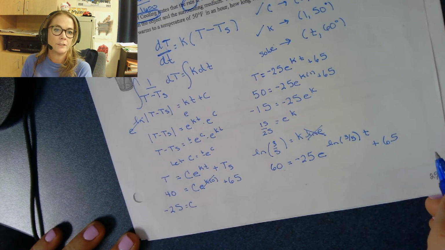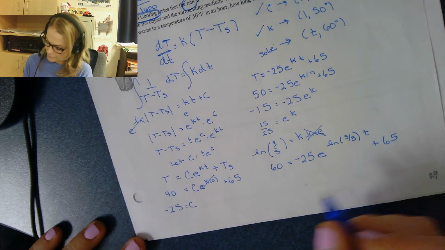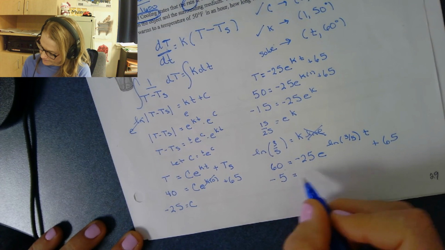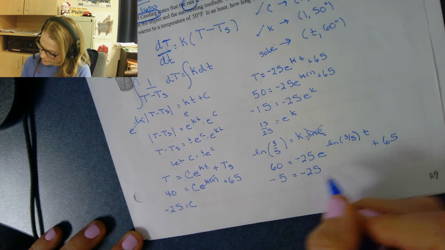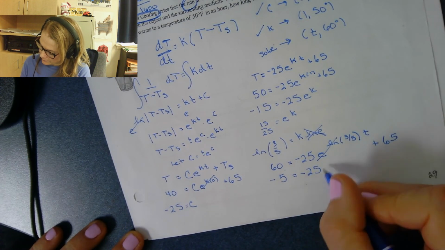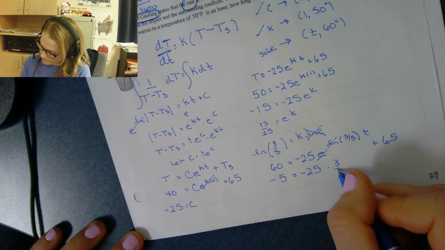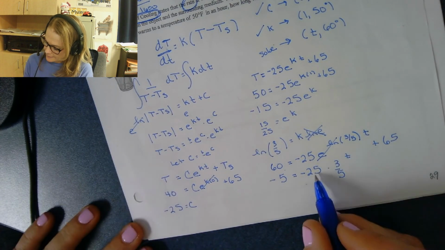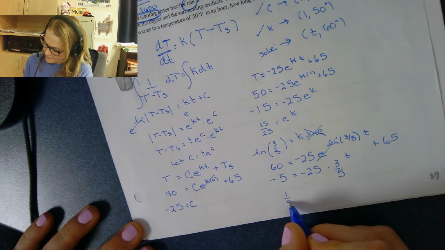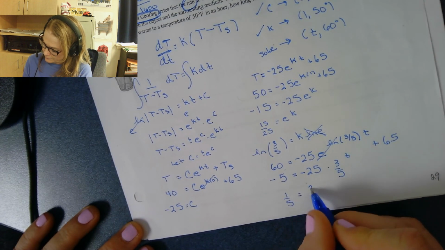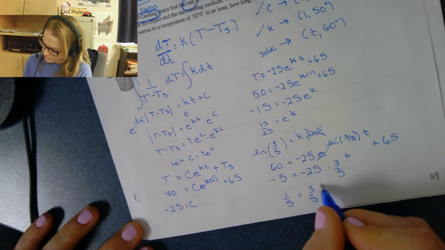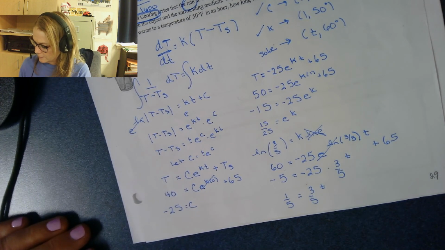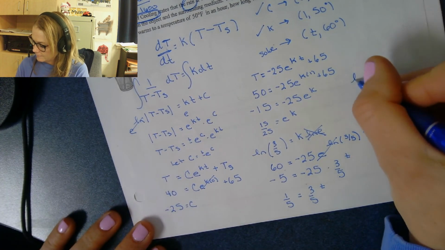So I'm going to move the 65 over and get negative 5, and I'm going to cancel and drop the t. This is going to be 1/5 equals 3/5 to the t. And you could log it now or ln it.